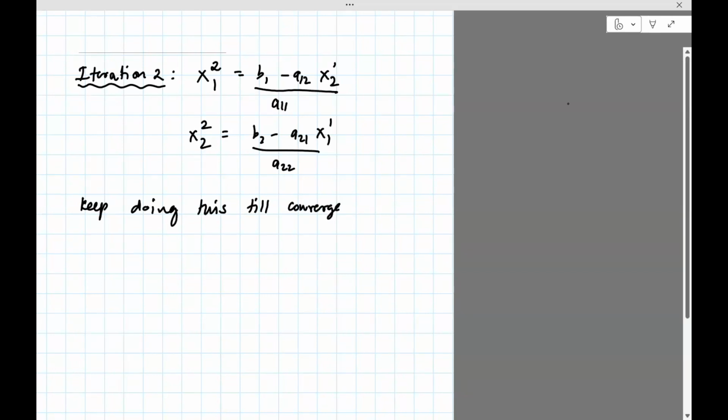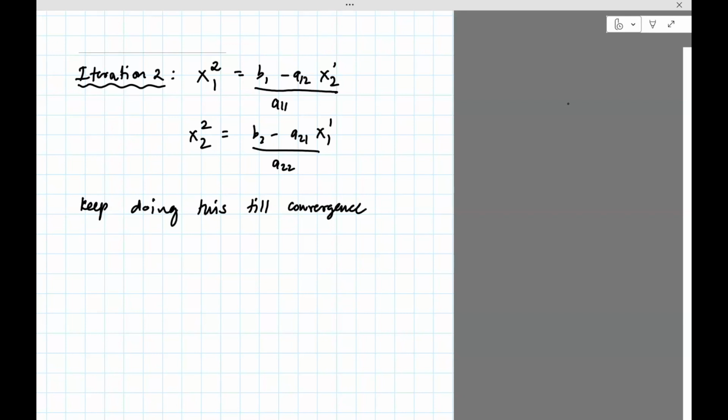convergence. Okay, so what convergence means here is, remember all the methods have 3 elements to it. One is the initial guess, which we have, x1 0, x2 0. The search is basically this method, iteration 1, what I've shown you there. And then the convergence.